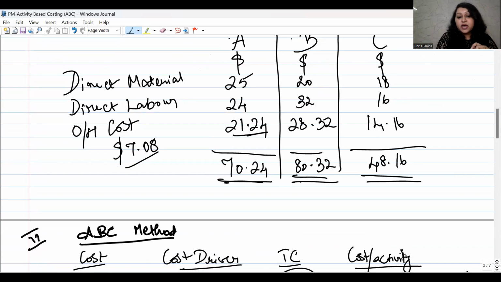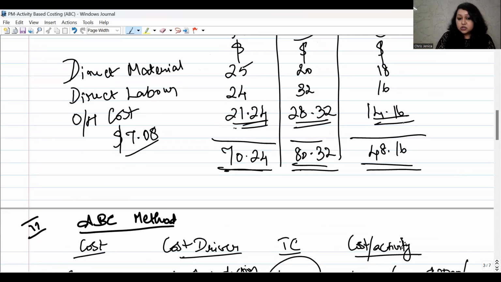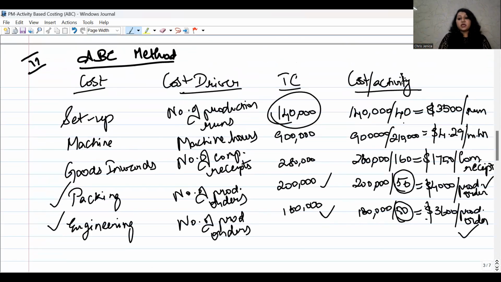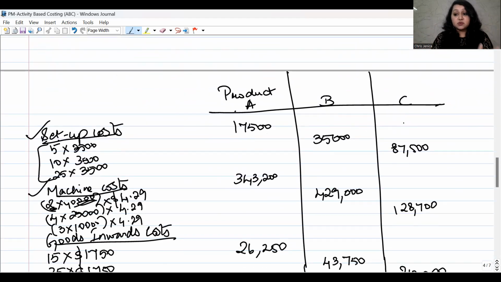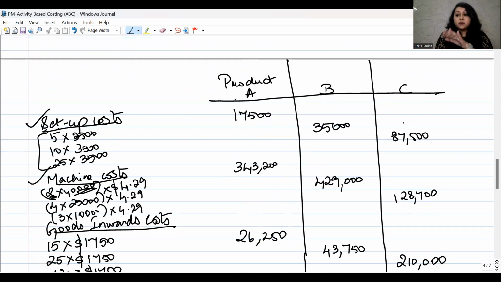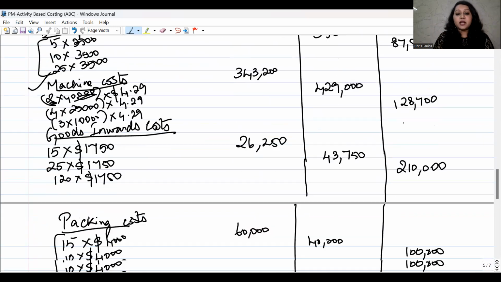And then there we had taken the basis as labor hours and we multiplied our overhead cost per labor hour into the number of labor hours for each product A, B and C. But that's not the case here. We are actually doing it in an appropriate way. We are going to allocate that cost based on each cost driver and, to a maximum extent, the appropriate costs are going to be absorbed into each product, right?